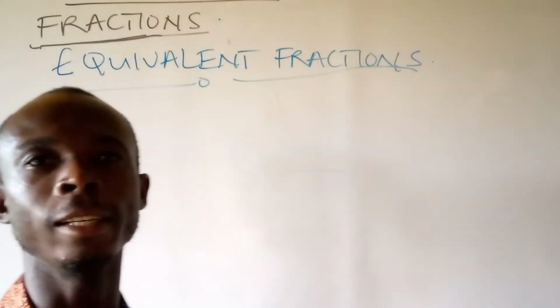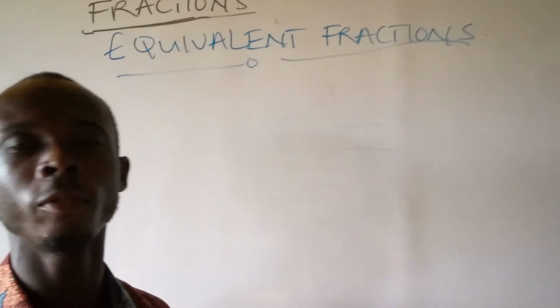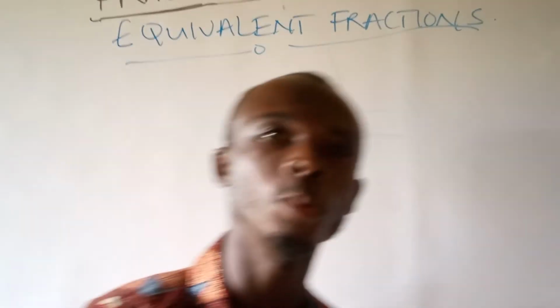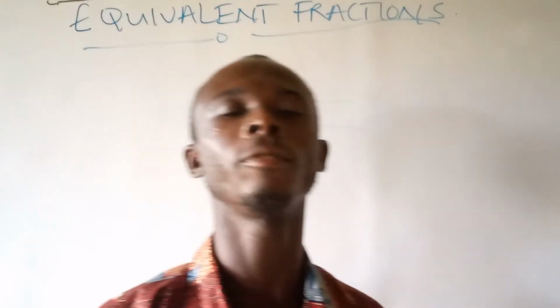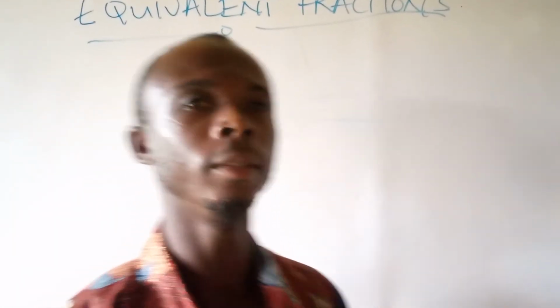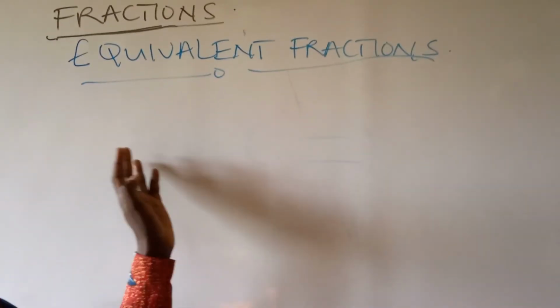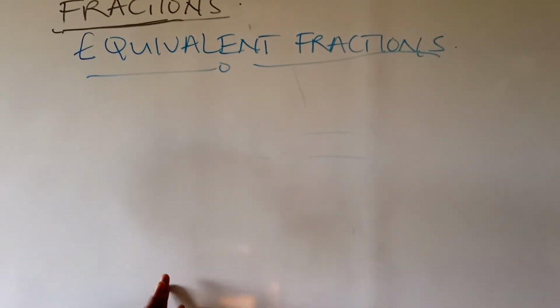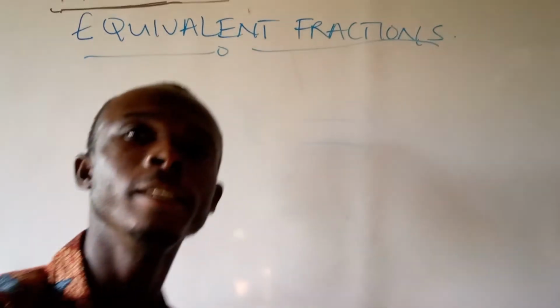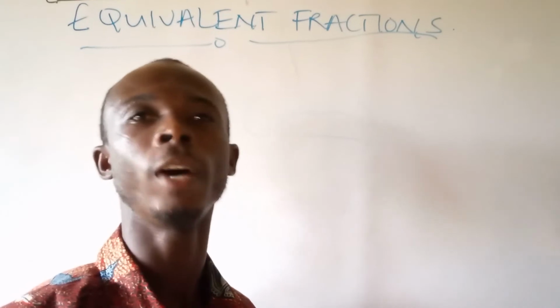I take it again. One fraction is said to be equivalent to the other fraction if the numerator and denominator of the fraction are multiplied by the same number or factor.